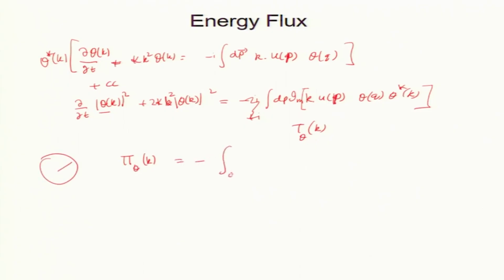By definition, it is the integral from 0 to k of T theta of k prime dk prime. That is the formula which I use very often. So, if I do the integral, I get minus dk prime dp, there is a dp sitting here, I am just going to substitute it here, k dot up theta q theta star of k.